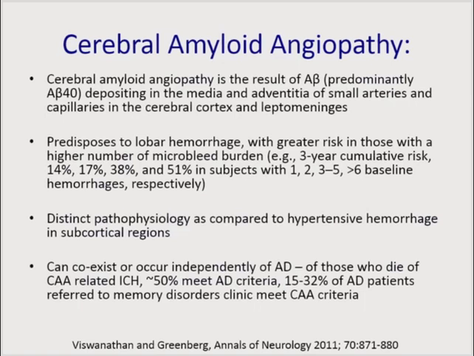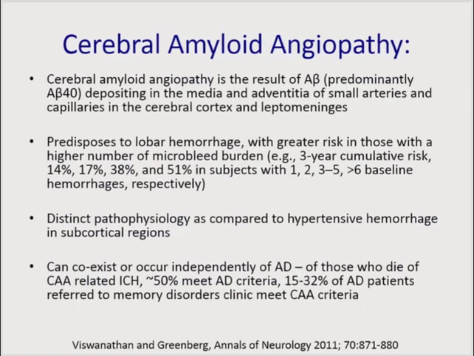So our patient here, with greater than 6 baseline hemorrhages, had a quite high 3-year risk of bleed, and this was part of the driving thought process behind substituting the Coumadin with Plavix. It's a distinct pathophysiology as compared to hypertensive hemorrhage in subcortical regions, and it can coexist or occur independently of AD. So this is something that we really will see in clinic, even though we don't always recognize it.